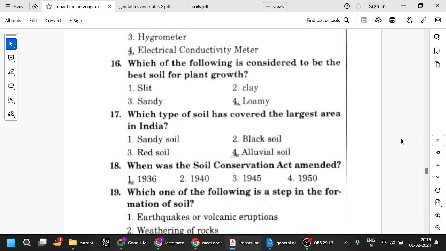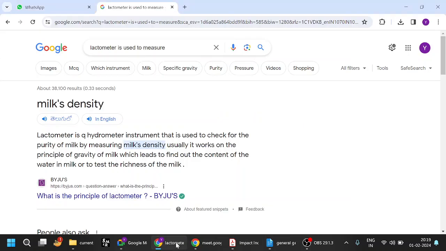So which of the following is considered to be the best soil for plant growth? Okay, loamy soil, silt, sandy, clay, and all those things. So let us check.